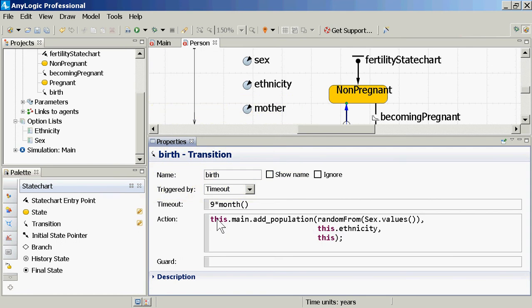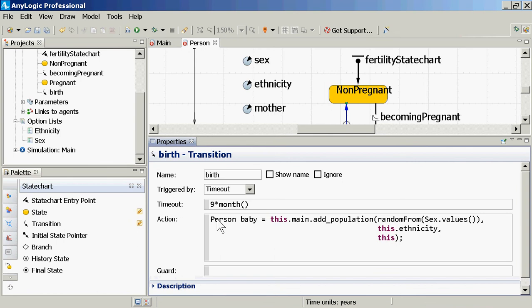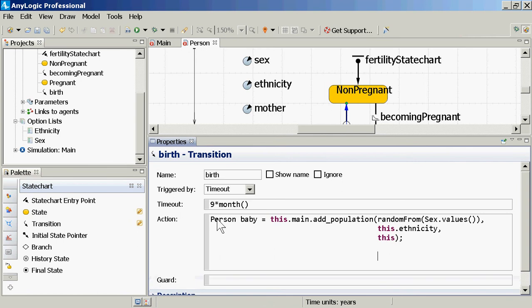So you could say, it's a person. This new baby is a person. Baby equals this. It's the baby that's being added, and then we're going to set the baby to be appearing at a certain position. Okay. So, ladies and gentlemen, we have, say, person baby.